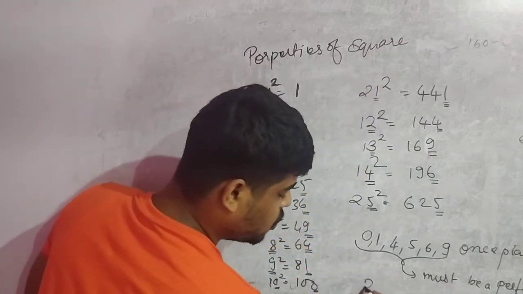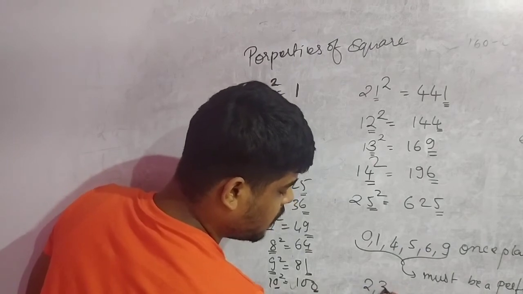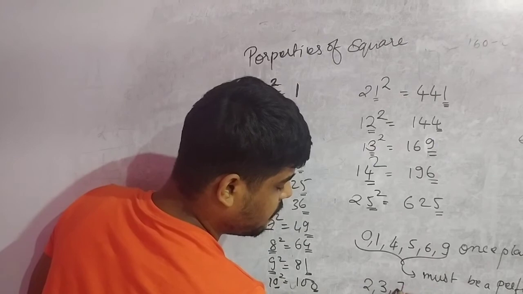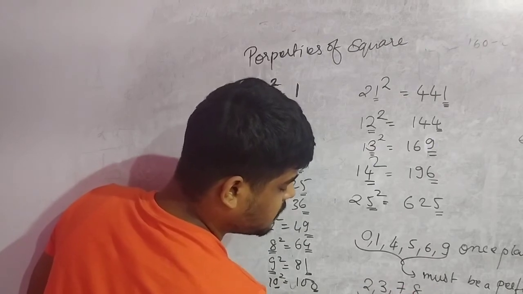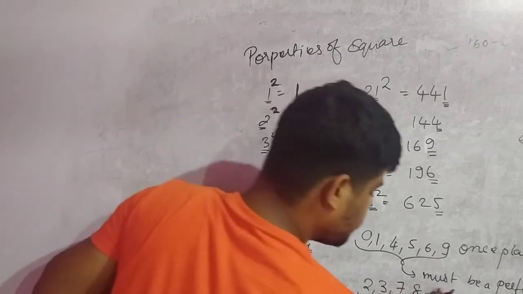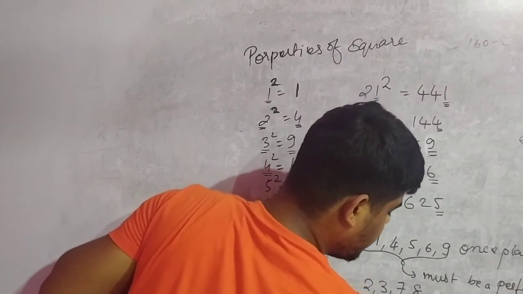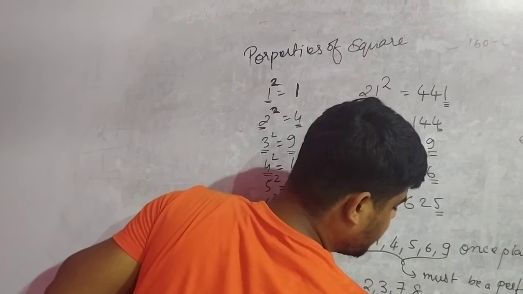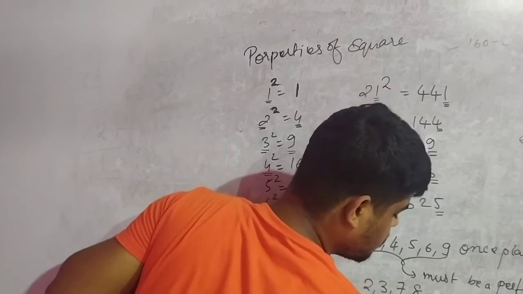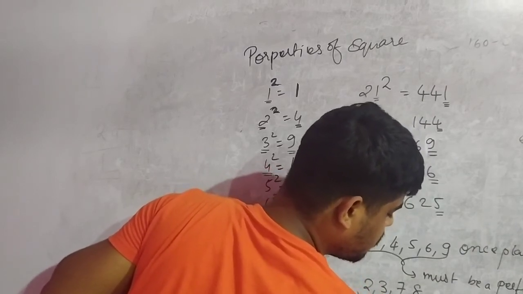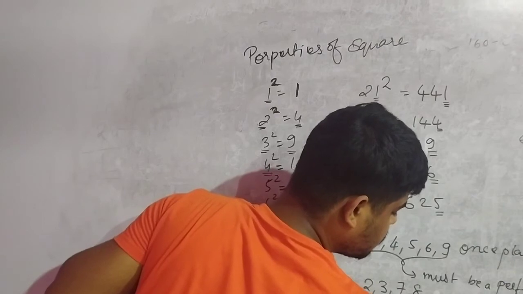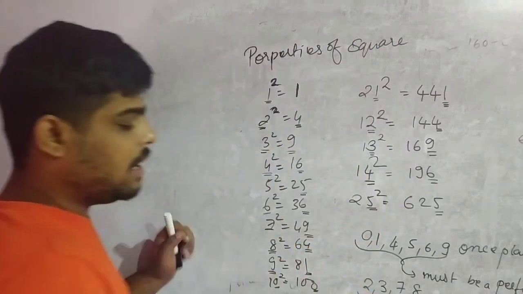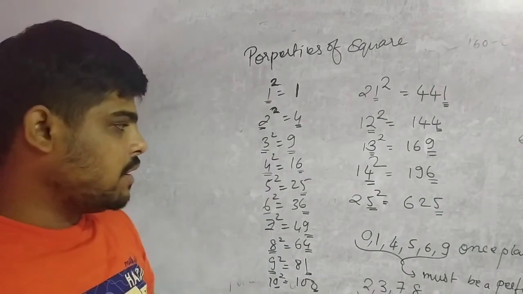But if it contains 2, 3, 7 and 8, then it will never be a perfect square.